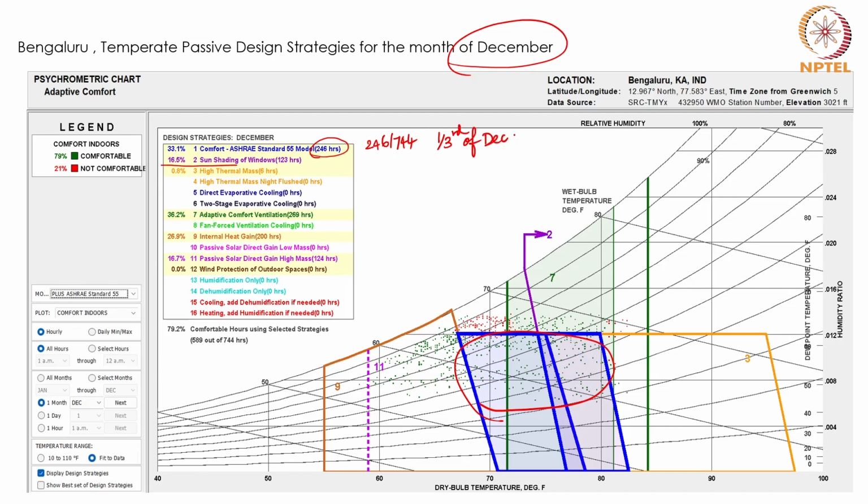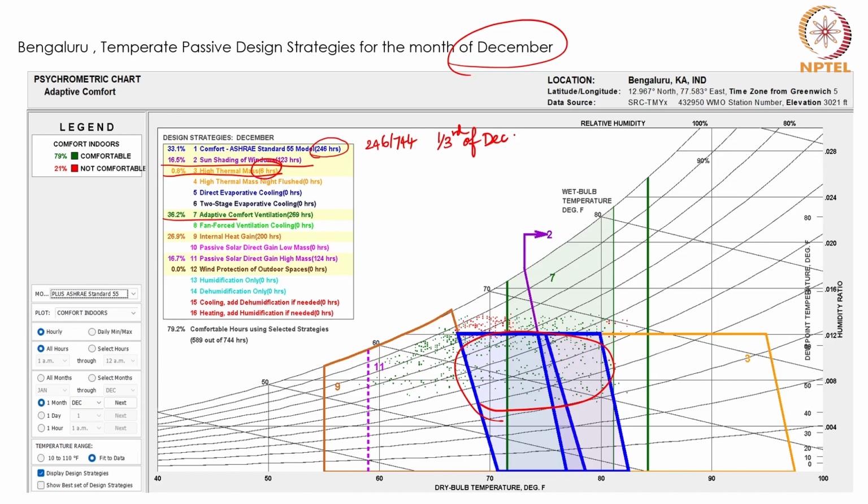If we use sun shading of windows, then an additional 123 hours become comfortable, which is 16.5%. Whereas, using high thermal mass can help by making the indoors comfortable for 6 hours.